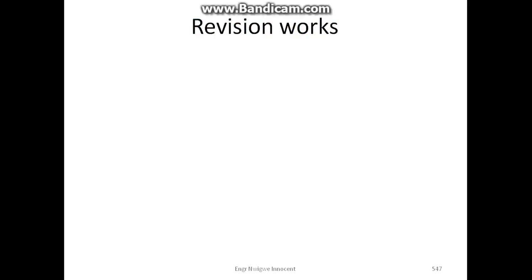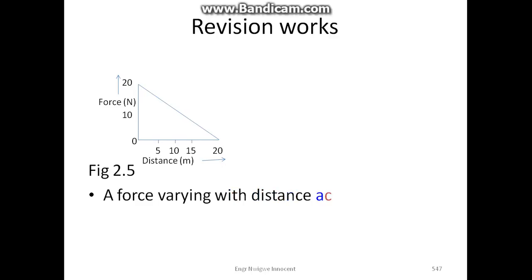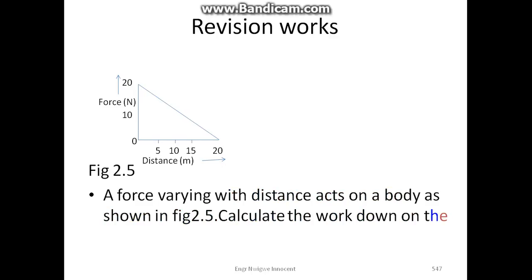Revision work. Figure 2.5 shows a graph of force on the vertical axis against distance in meters on the horizontal axis. A force varying with distance acts on a body as shown in figure 2.5.